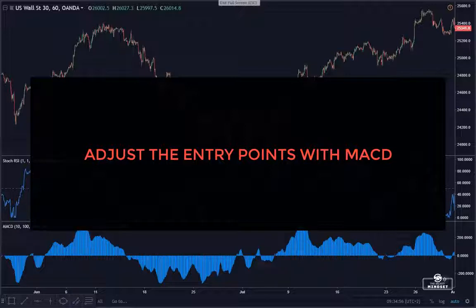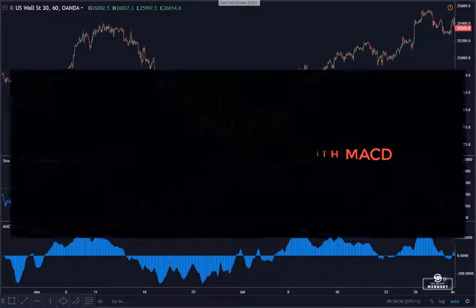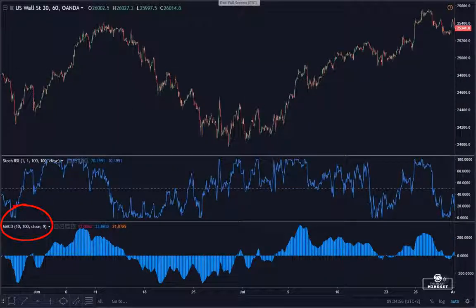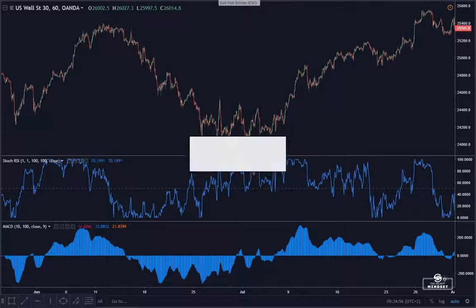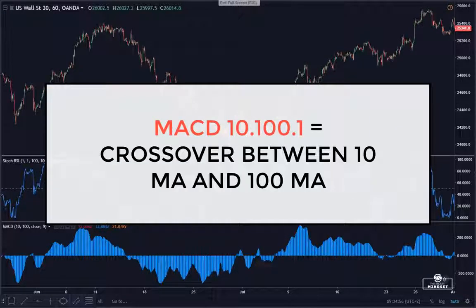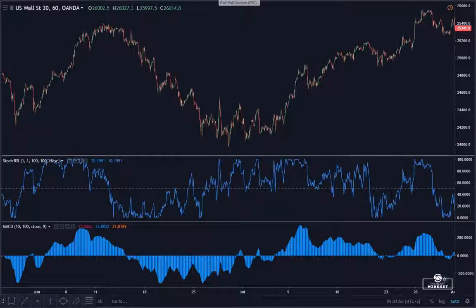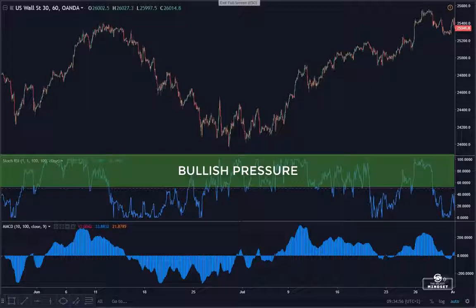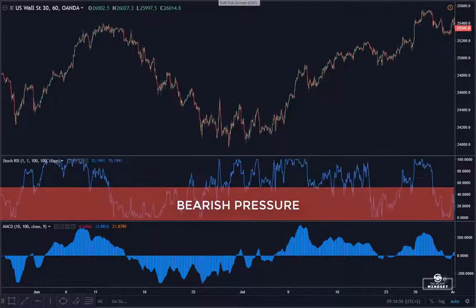My preference is to add a MACD indicator with 10, 100 and 1 settings. Basically, these MACD settings are tracking the crossover between the 10 EMA and the 100 EMA. So when the stochastic RSI indicator is above 50, this signals bullish pressure, and when the indicator is below 50, this translates into bearish pressure.